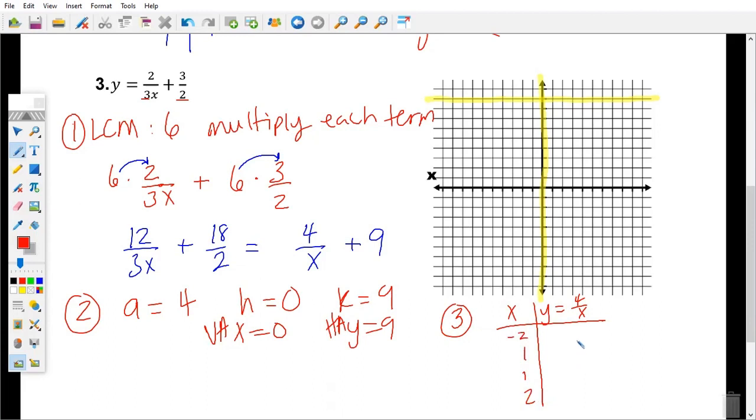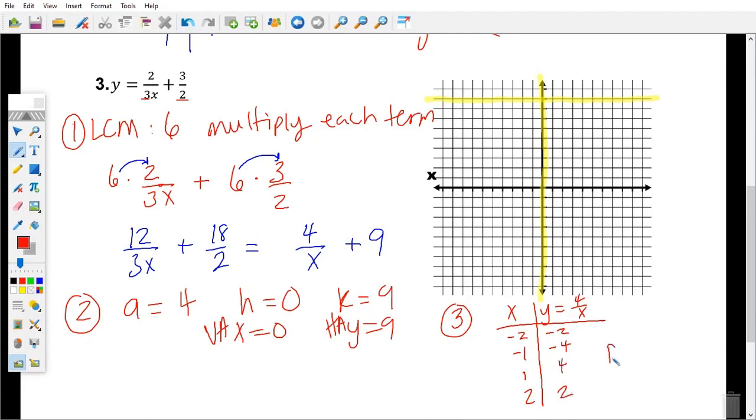You could have done 4, obviously, but I didn't want to. 4 divided by -2 is -2. 4 divided by -1 is -4. 4 divided by 1 is +4, and 2.